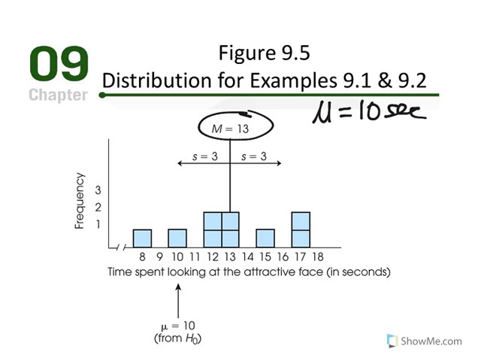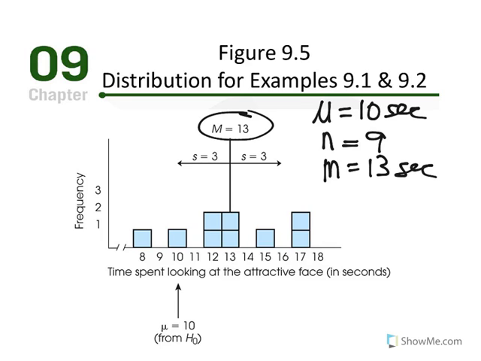If there's no preference, which the null says, no difference between the amount of time they look at either face, if we take that 20 seconds and divide it by 2, because there are 2 categories, attractive and unattractive, then we would presume that the infants would spend an equal amount of time on each face, so that would equal 10 seconds. The sample, though, of 9 infants, spent an average of 13 seconds looking at the attractive face. So that's some of the data that was provided for us when we conducted this hypothesis test.